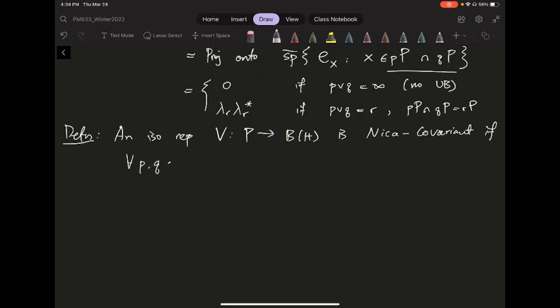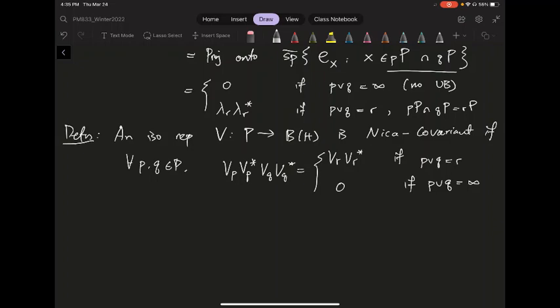For every p and q inside P, consider the range projections V_p V_p star and V_q V_q star. If p and q have an upper bound, so they have a least upper bound r by the quasi-lattice order, then the product is V_r V_r star. Otherwise, if p and q have no upper bound, then these two range projections are orthogonal to each other.